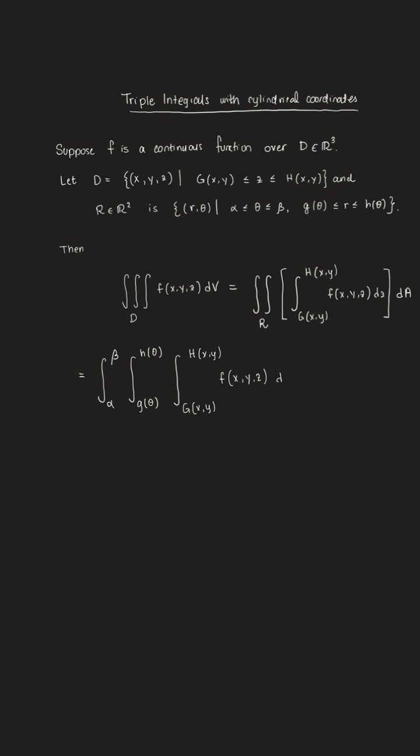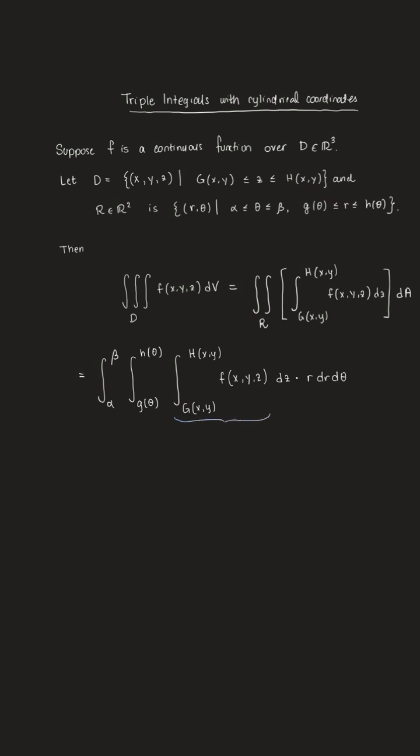And then now our differentials are going to be dz times our area element, which we saw is r times dr times d theta. Now we're just about done in writing our triple integral in terms of cylindrical coordinates. The last thing that we need to do is convert our limits of integration for z as well as our function into cylindrical coordinates.